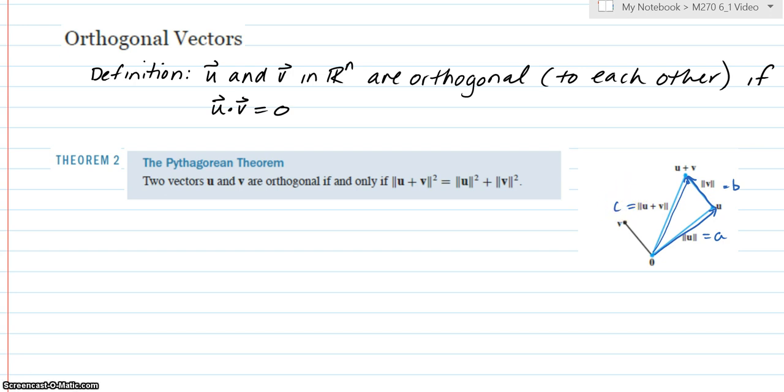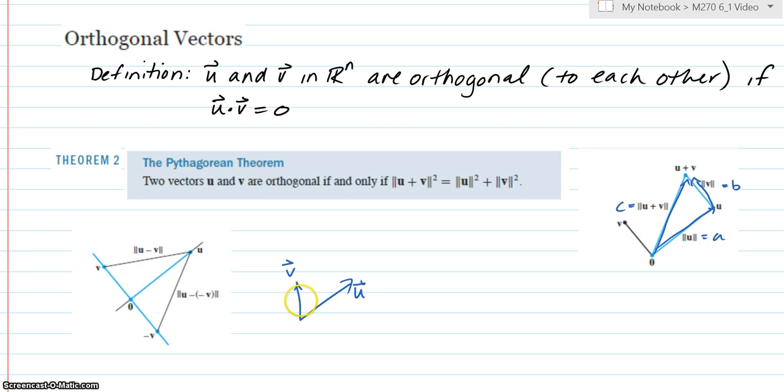To prove this, we're going to look at the following. Two lines shown in this figure are geometrically perpendicular to each other if and only if the length of u minus v is equal to the length of u plus v, which is right here.